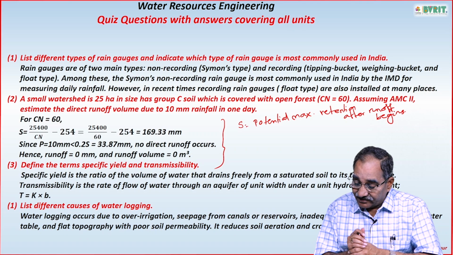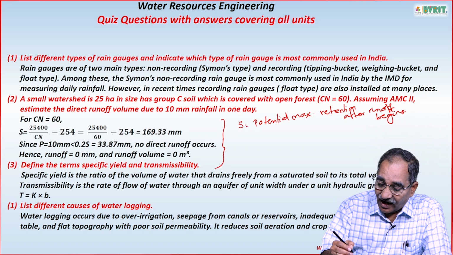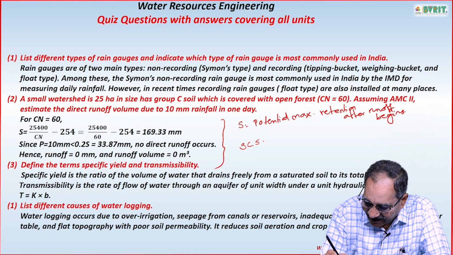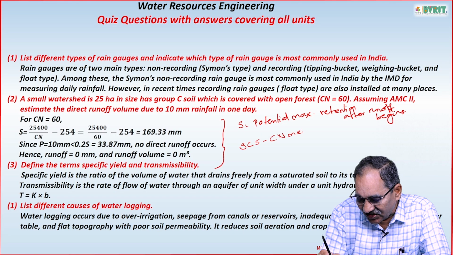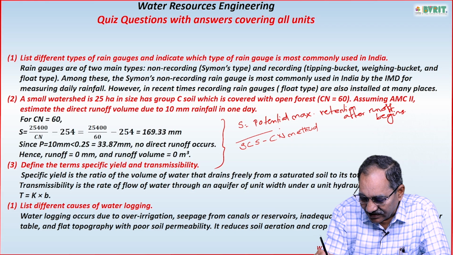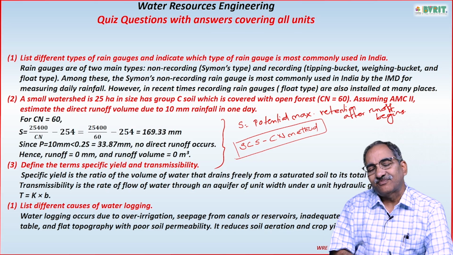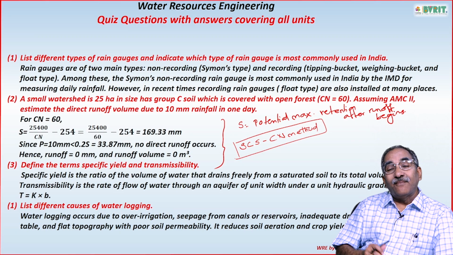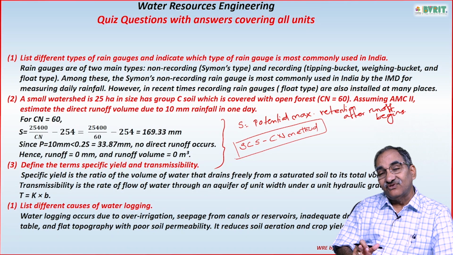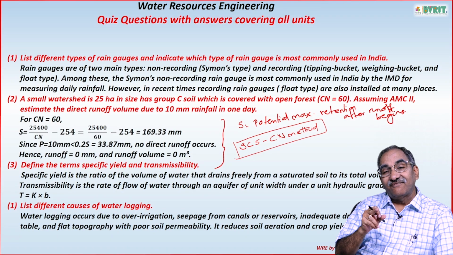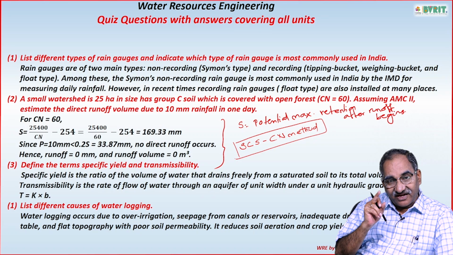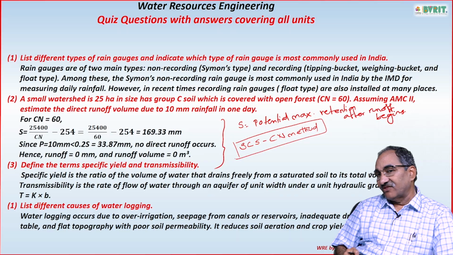This is very important, and this method is what we call the SCN method. CN is nothing but curve number. This method was already explained to you in unit 2, wherein how to estimate the direct runoff. This empirical method was given to you, and the formulas we are using here are approved by the Ministry of Agriculture, and from there we have drawn this method.